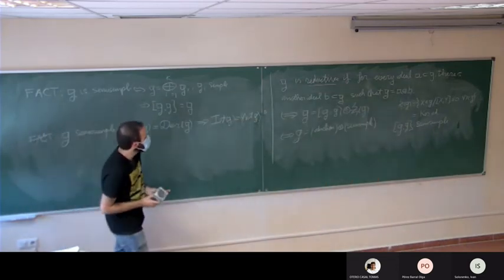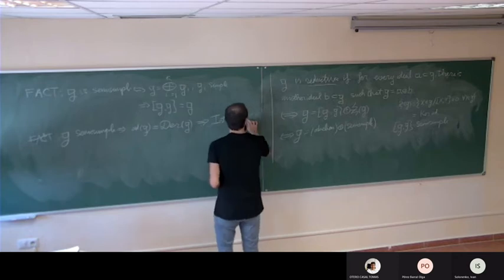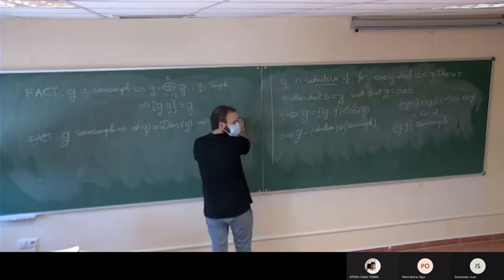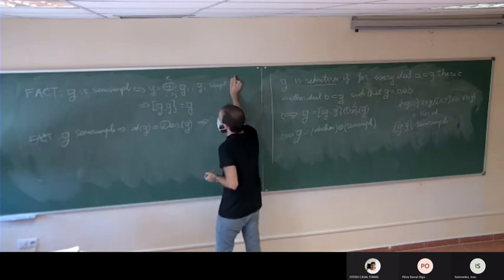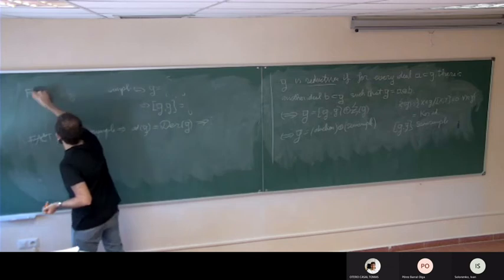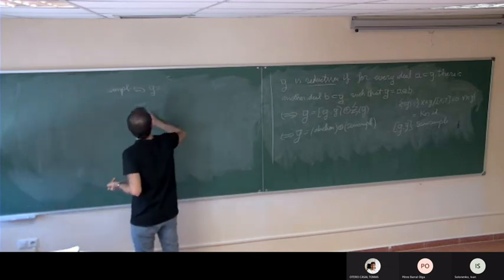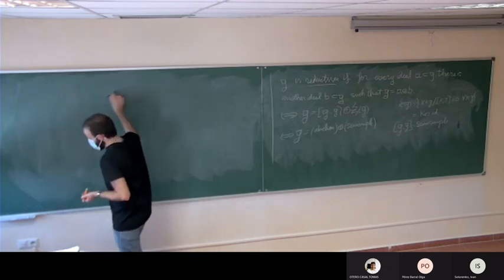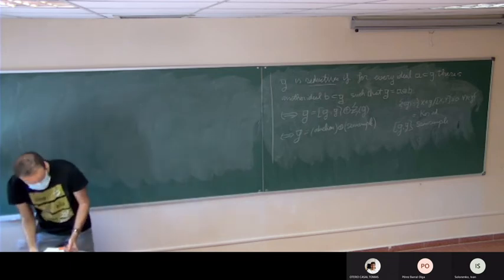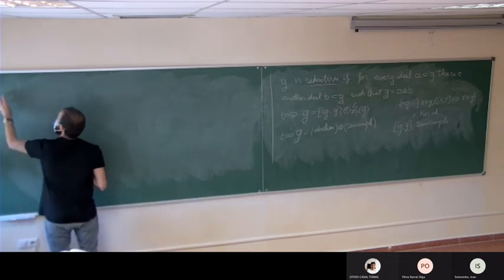Just a small example: there is an easy way to construct examples of reductive algebras when we talk about algebras of matrices. This is the simplest example we can find.